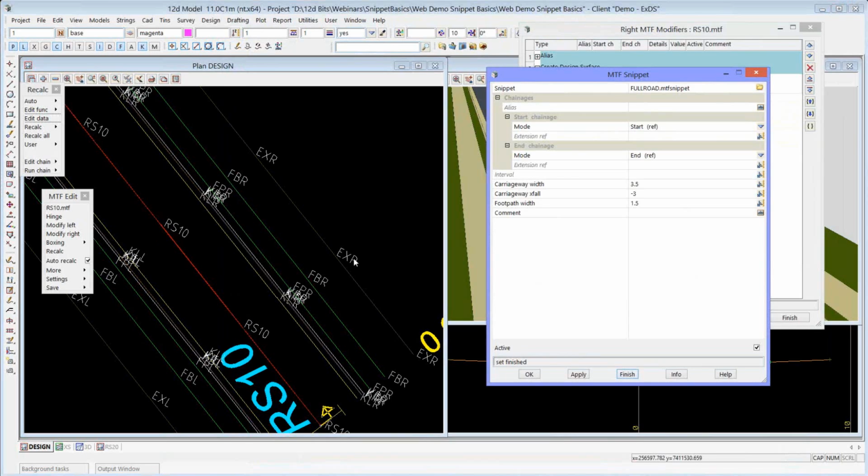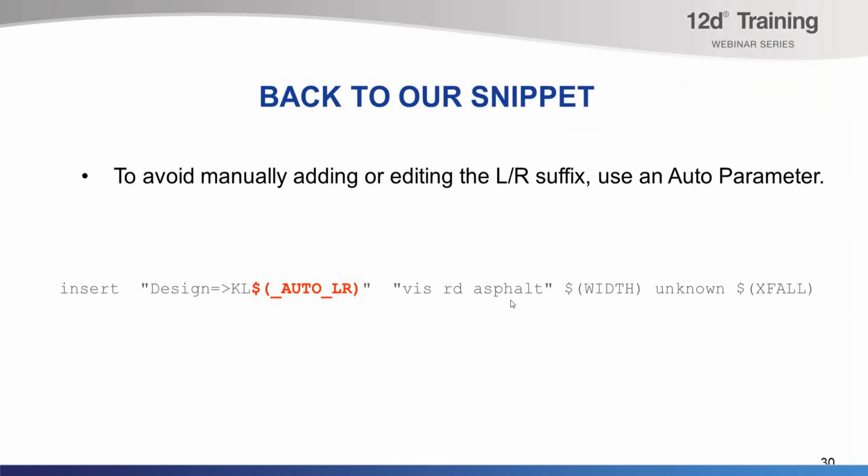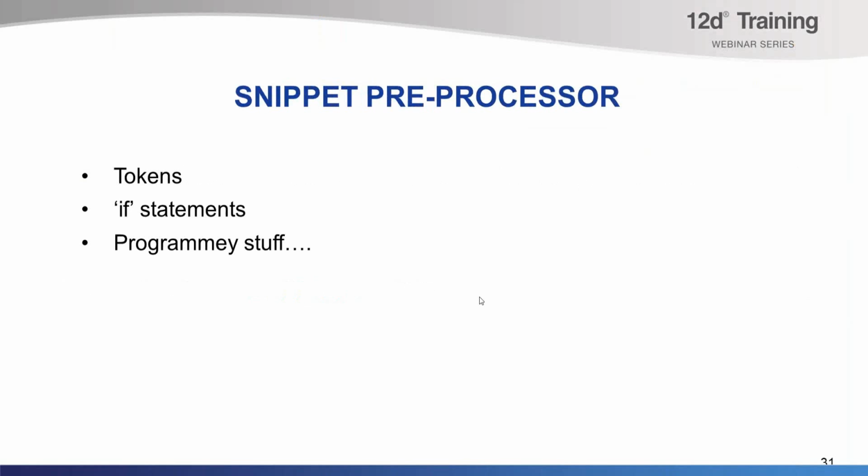Save that. Come back here and apply it. And there we go. Now we've got our right prefix, suffix, right suffix. So we've got left-hand side, right-hand side. So we've taken care of the left and the right. Preprocessors.